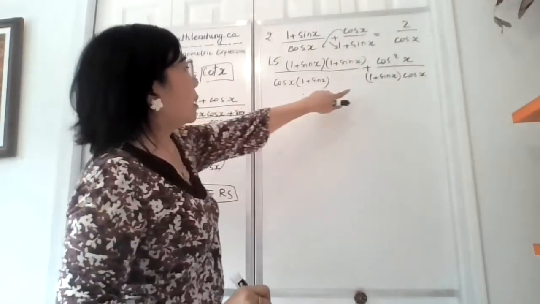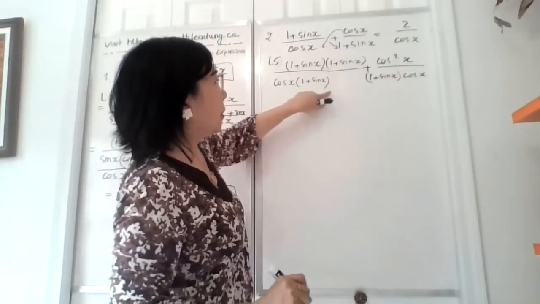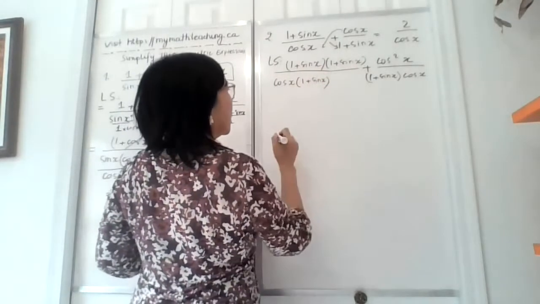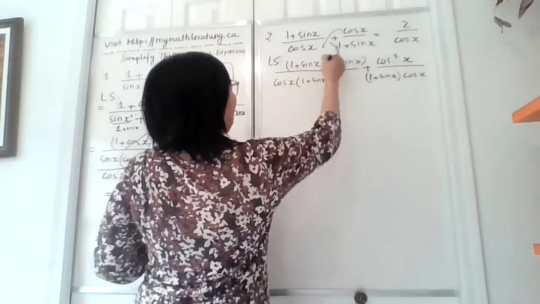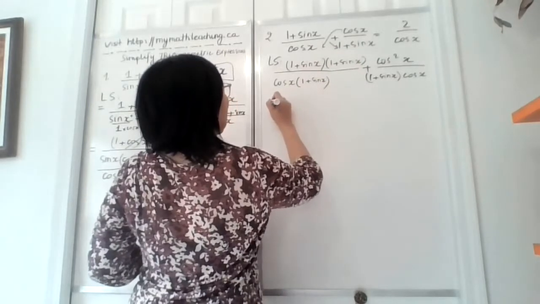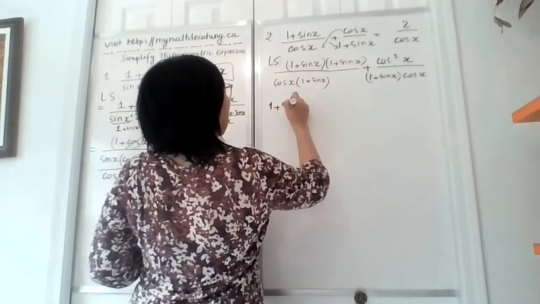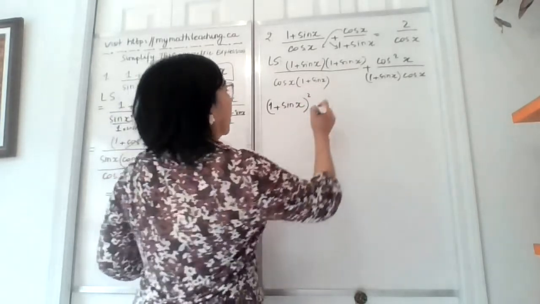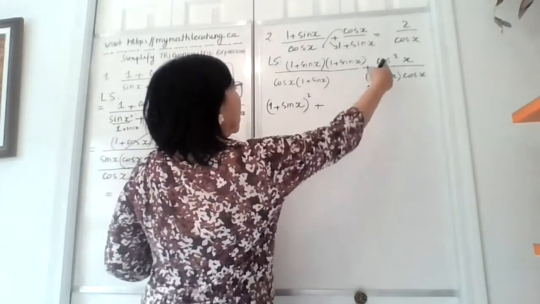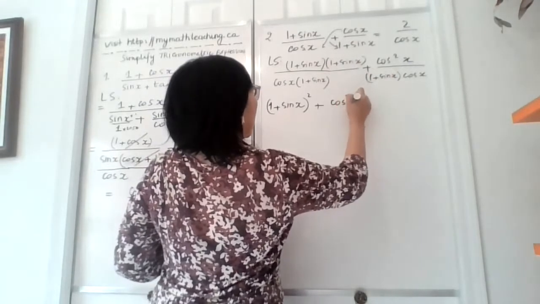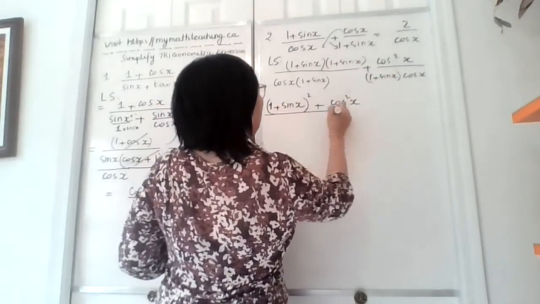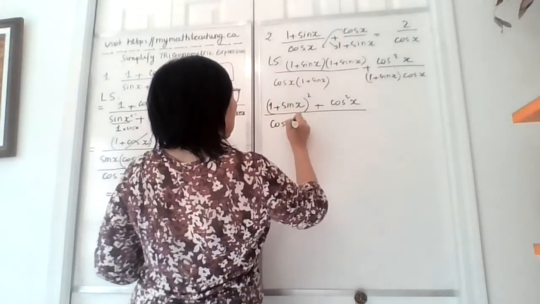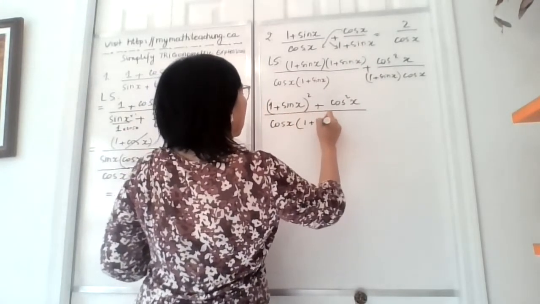So now you see that they have the same common denominator. Now I can make it simple. Now they are the same, so I'm going to join them, becoming 1 plus sine x, squared, as the numerator, adding cos square x. And underneath, one common denominator, which is cos x times 1 plus sine x.